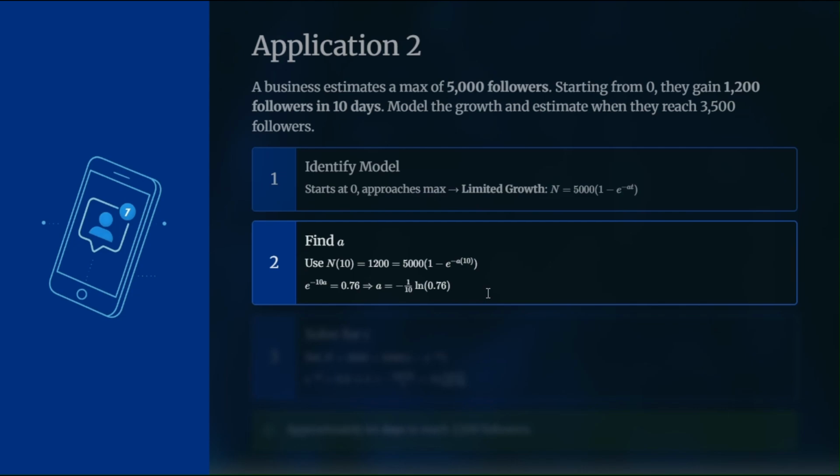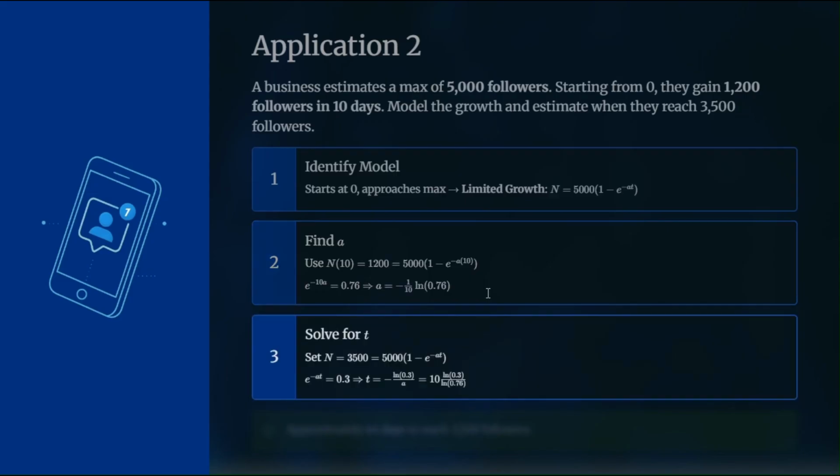Now that we found a, we can estimate when they reach 3,500 followers. So in order to solve for t, we want to set n equal to 3,500. Looking at our equation, 3,500 will be equal to 5,000 times (1 minus e to the power negative at). In this case, we already found a. So we can divide both sides by 5,000. That will be 0.7.